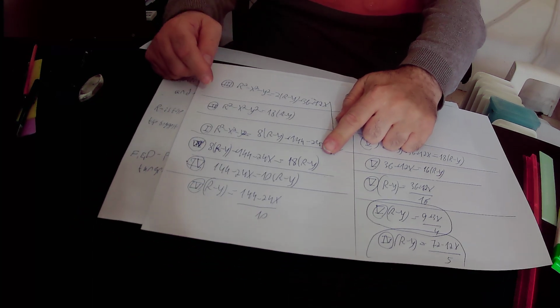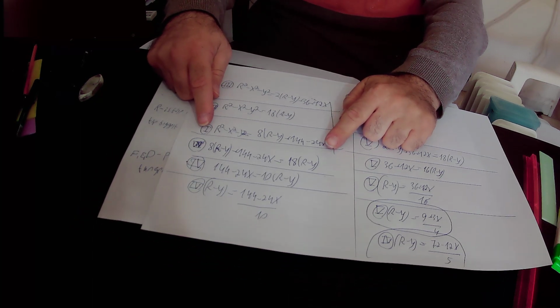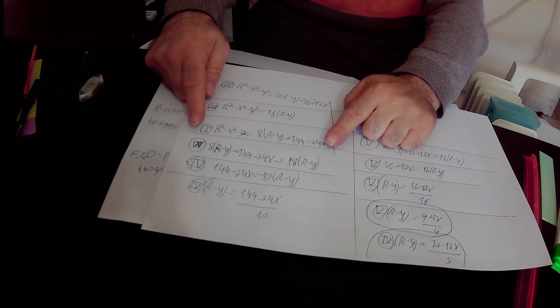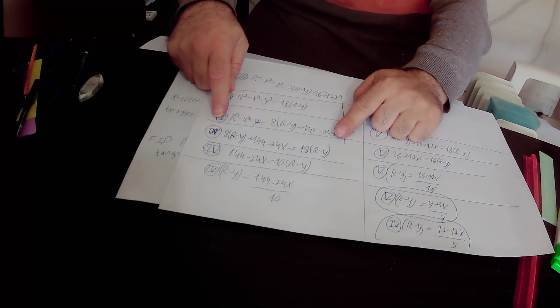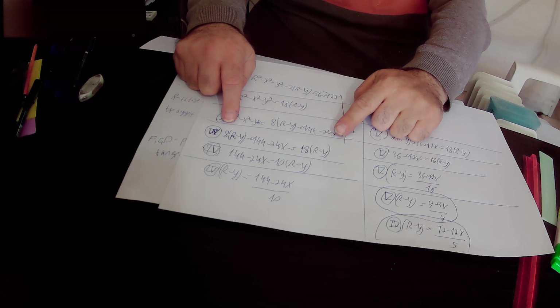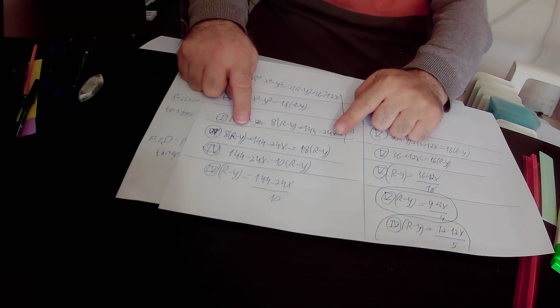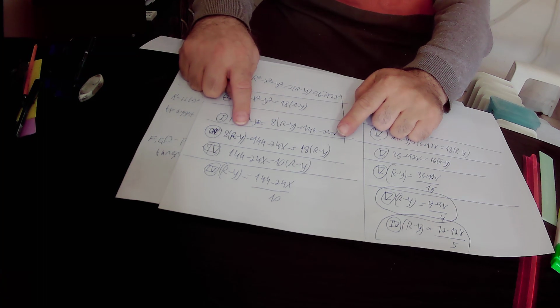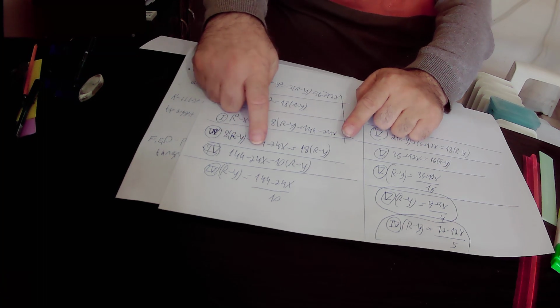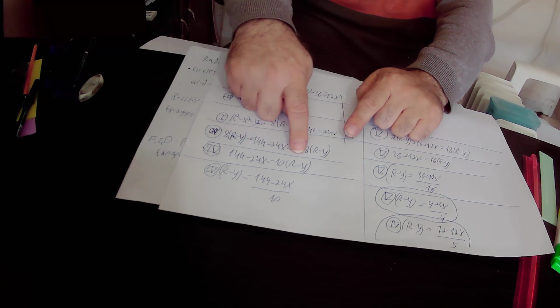We open the brackets here, and we subtracted 8 times R minus y from equation number 4, and we got that 144 minus 24x equals 10 times R minus y.